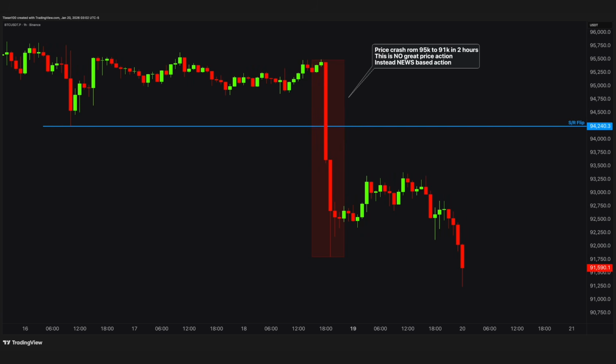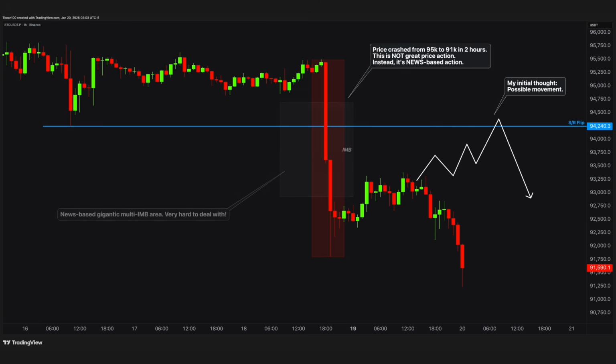However, if I really wanted to trade this move, I would much rather see price slowly pull back in an uptrend into this support and resistance flip area, for example. That type of move would be my ideal setup and what I would expect from healthier, more controlled, nice, clean price action. The reason is because the news-based gigantic multi-imbalance areas are extremely hard to manage. We also do not really know what might actually happen inside this zone once price is moving through them.